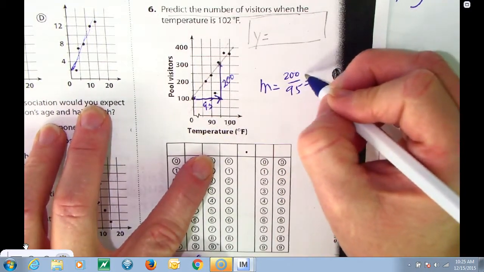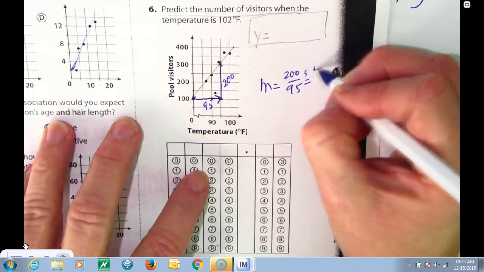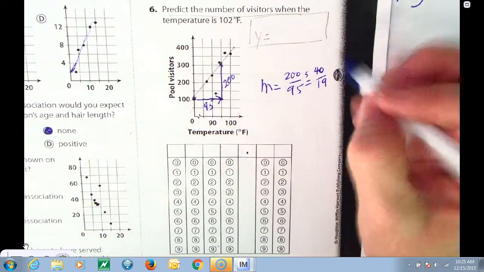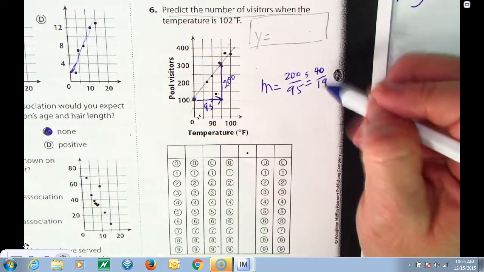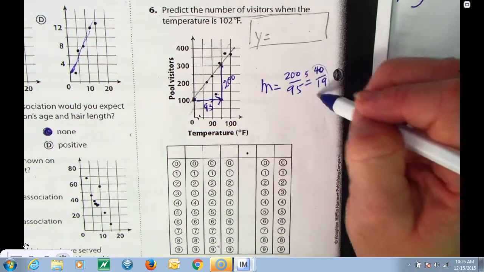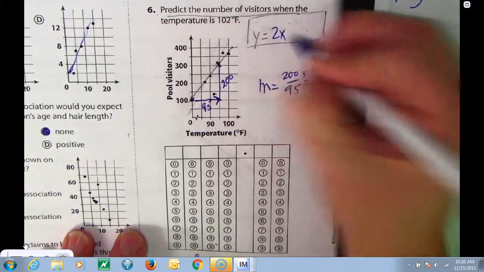If you divide by 5, you get what? 40 over 19. What is that about, 40 over 19? What would you say that would be close to? About 2? Because we don't know if the trend line is exact anyway. We just kind of guessed. So let's just use 2.